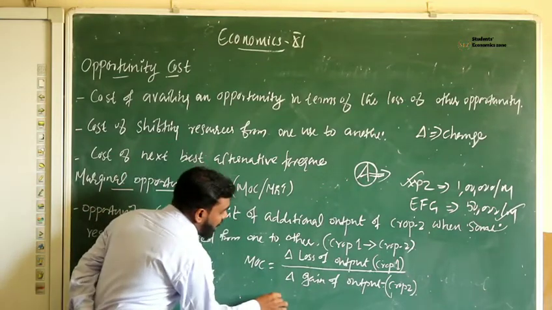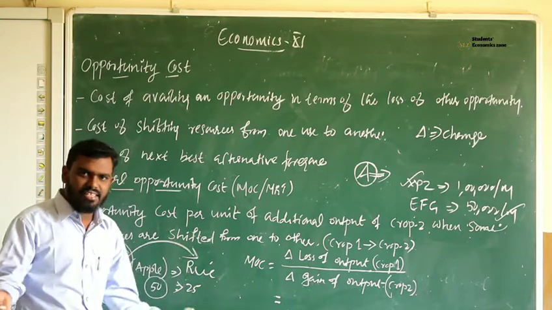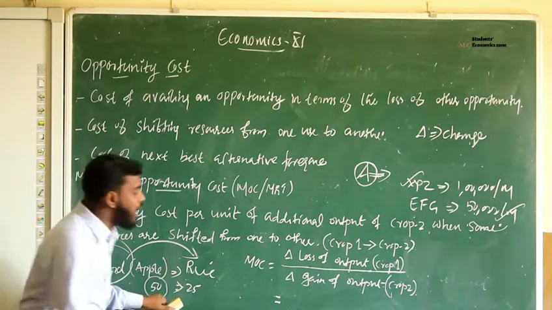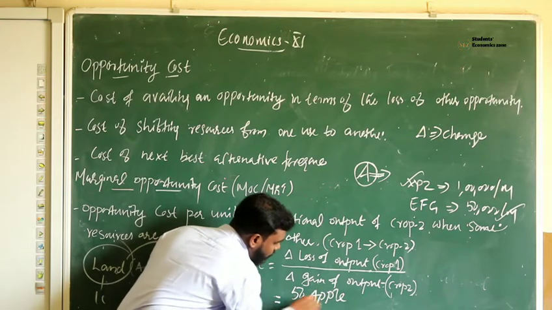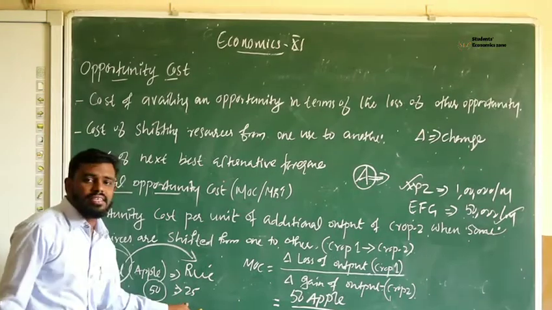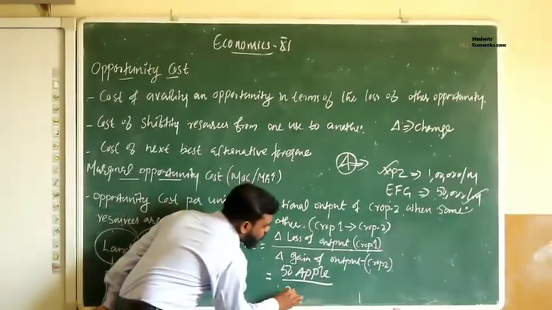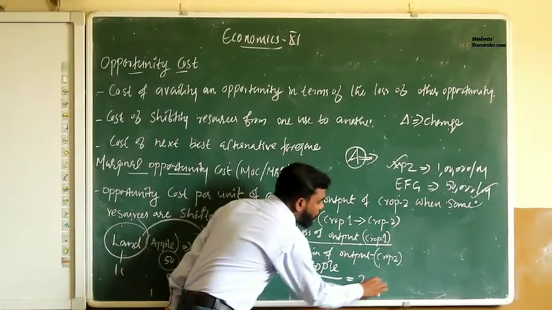Here, delta loss of output: how many units of commodity did we sacrifice? We sacrificed 50 units of apple, divided by delta gain of output, which is 25. So 50 divided by 25 is equal to 2.